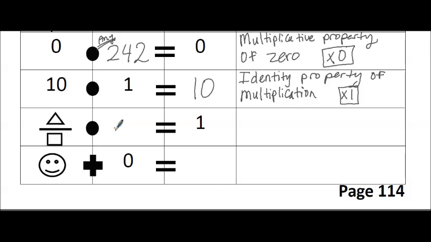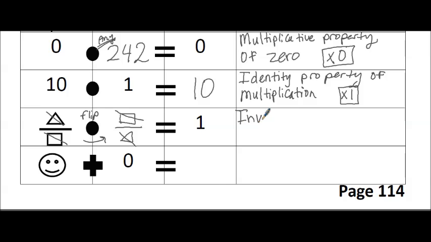Doesn't matter what numbers you have, but if I have a fraction and I multiply by another fraction to get 1, then I need to flip it. So the denominator becomes the numerator, and the numerator becomes the denominator, and triangle times square, the squares on the top and bottom will cancel out, the triangles on the top and bottom will cancel out, and that would equal 1.